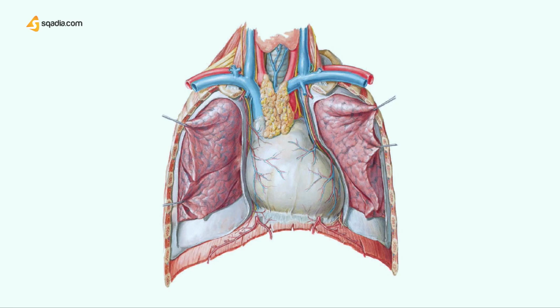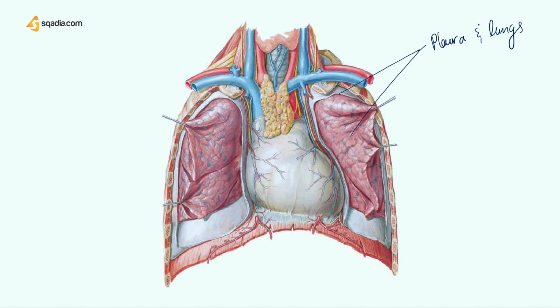Okay, so now let's talk about the contents of the thoracic cavity. So it's very easy to see that each of the pleural cavities contain the pleura and the lungs on each side. And the mediastinum, however, contains a lot more contents.